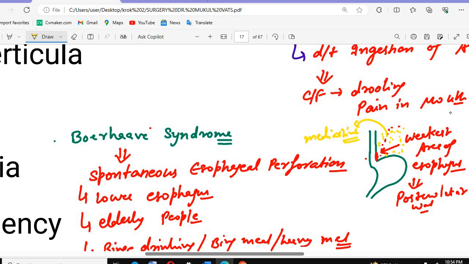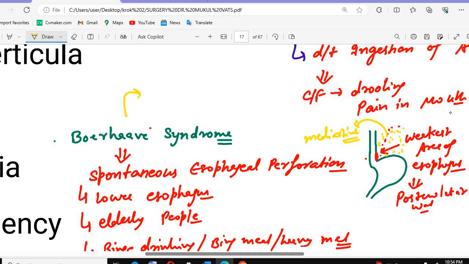In that patient, what will you see? Sudden severe chest pain that is radiating to the left shoulder and the left arm. So that's why these patients mimic myocardial infarction. What are the clinical features we will see in this patient?